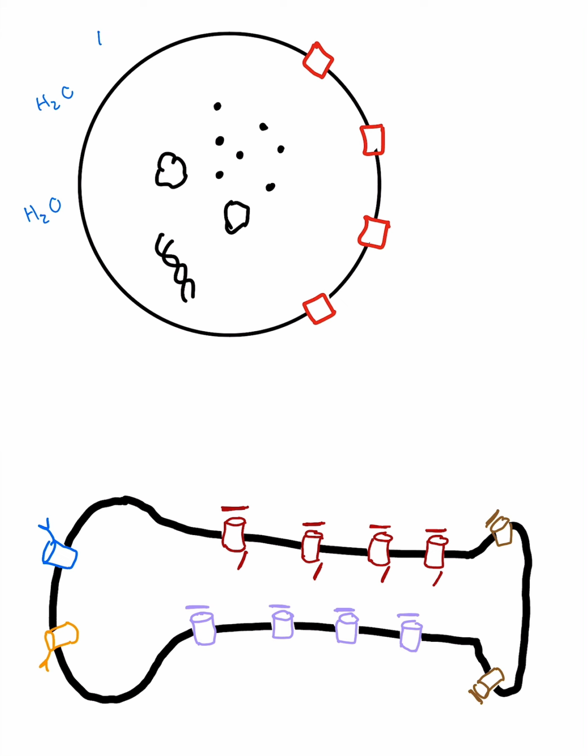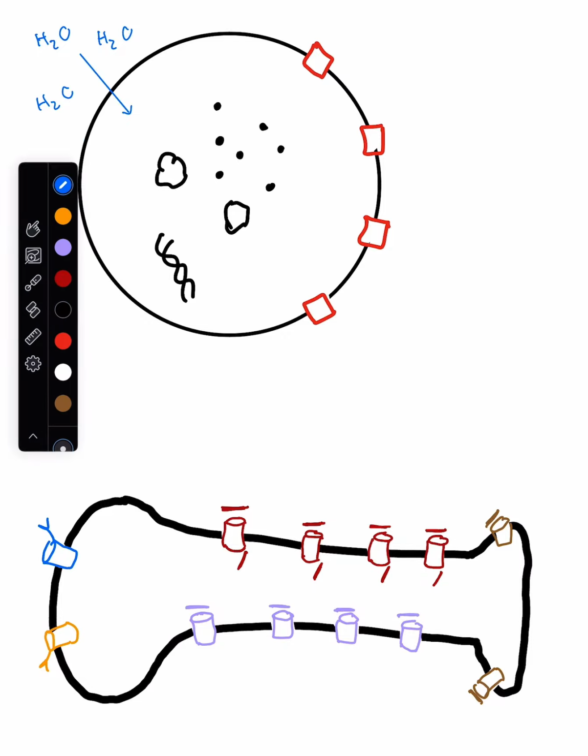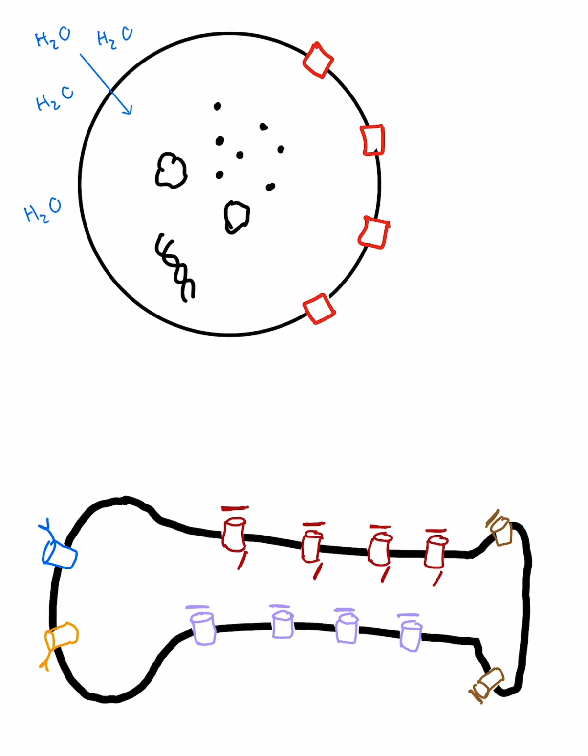And if I have a high concentration of water outside the cell relative to the inside of the cell, water will tend to move from high concentration to low concentration, moving from the outside to the inside, because a lot of these molecules on the inside of the cell, like these proteins and nucleic acids and different monomers like amino acids or ions, like these guys could be represented as ions, they're occupying space within the cell, and that space is where water is not.